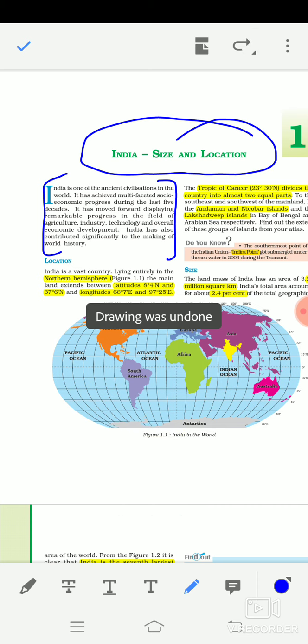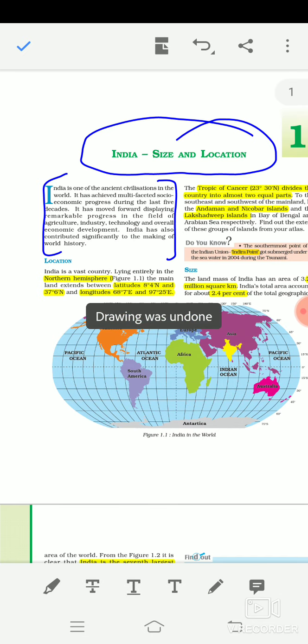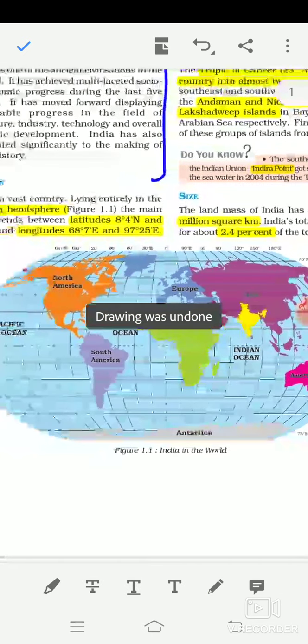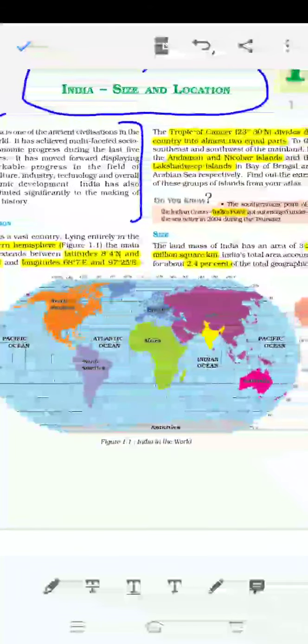Now one more thing we have to know. A few longitudes and latitudes are very important. Here a globe is also given. This is the 0 degree longitude.